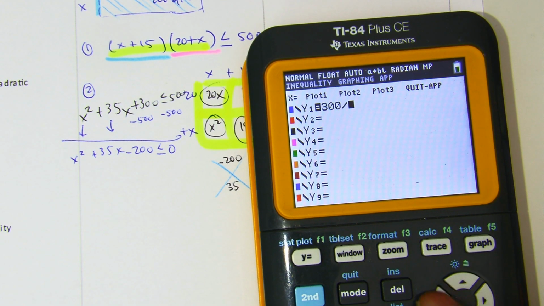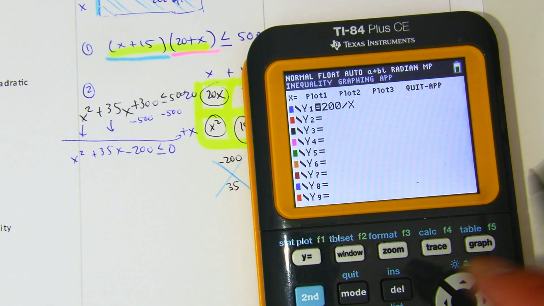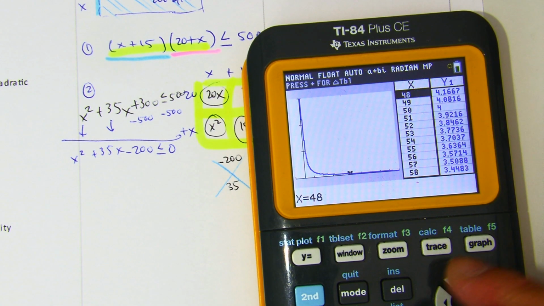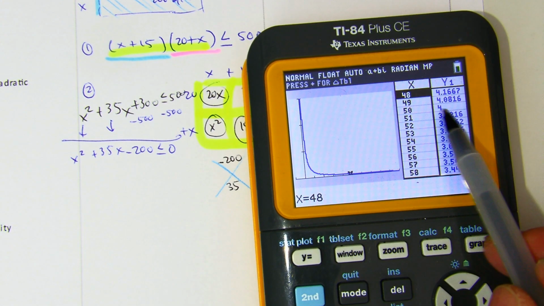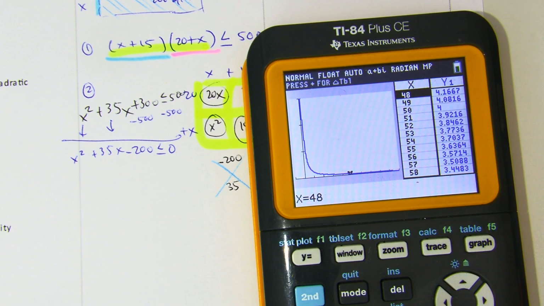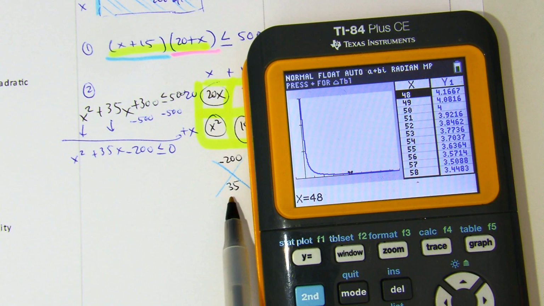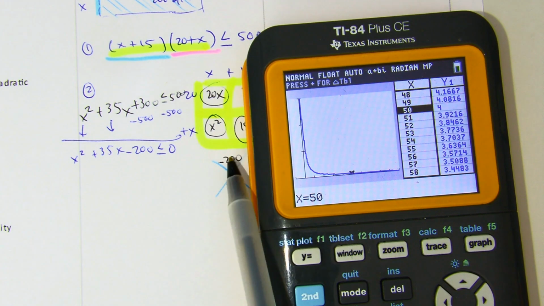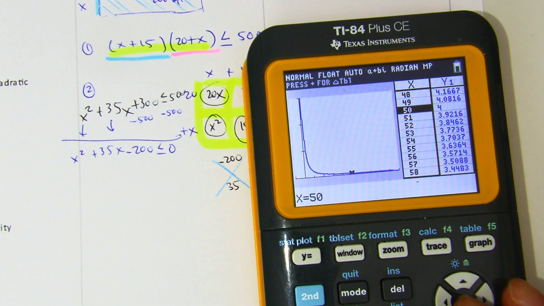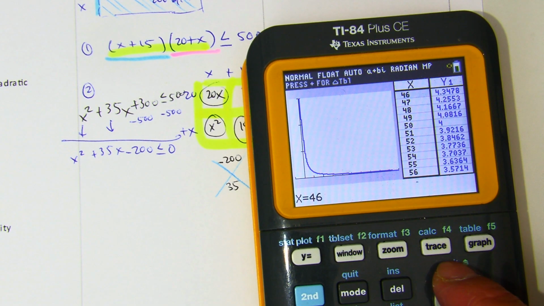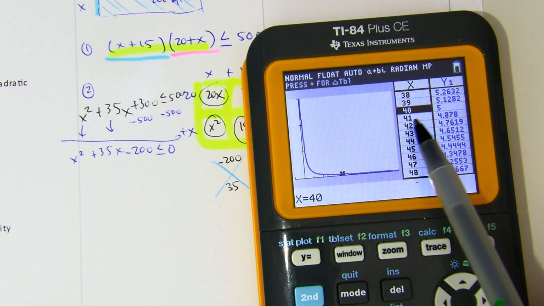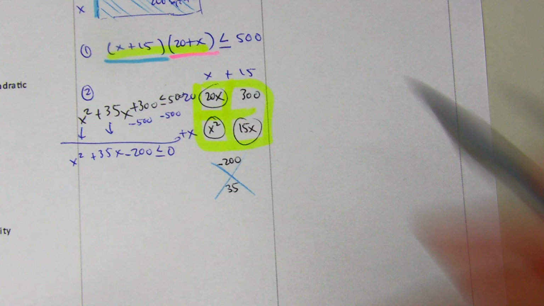Can't type 200. And then if I go to my table, these are the numbers that multiply to be 200. And so basically what I want to figure out is which two numbers add or subtract to be 35. So for example, 50 times 4 is 200, but 50 minus 4 is 46 and not 35. I'm looking for whole numbers. So it looks like this number, 40 and 5.